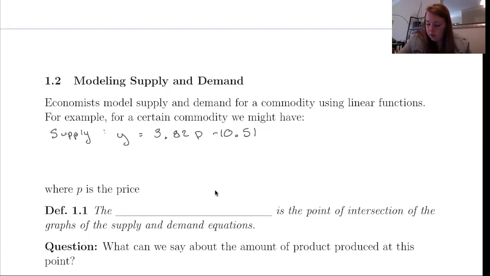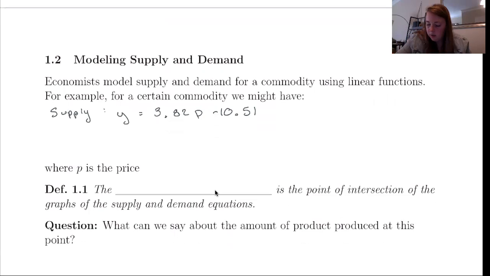Anyways, so supply, if the price goes up, then this is the supply, right? Hold on. Yeah, supply is the increasing one. And then demand would be something like Y equals negative 0.99 P plus 25.34. There we go.